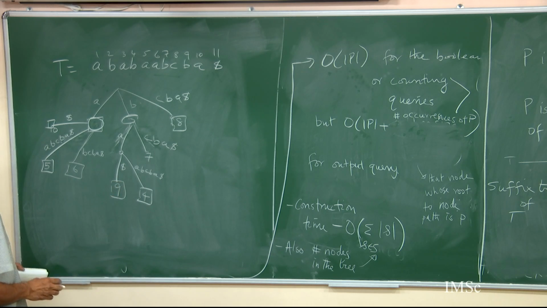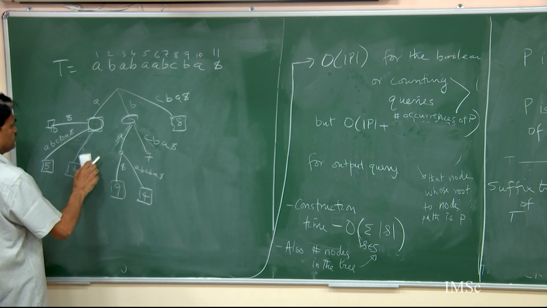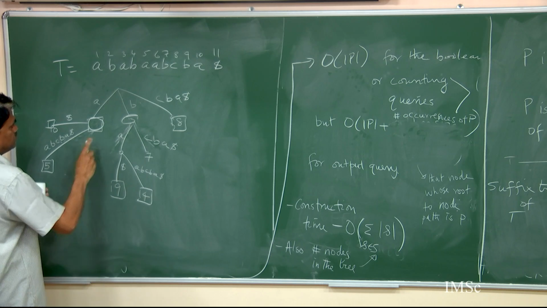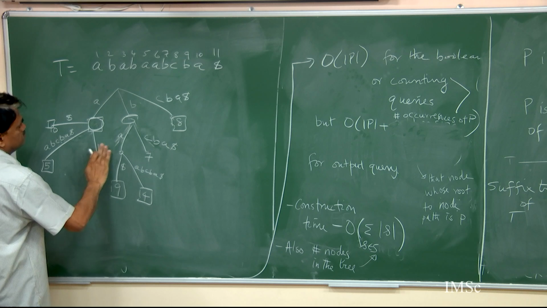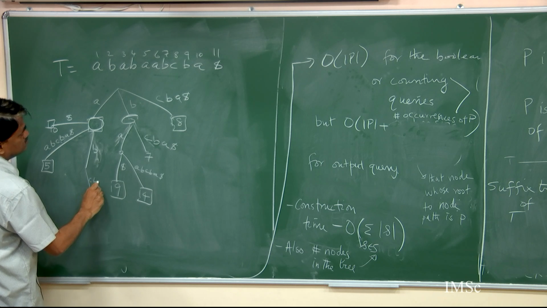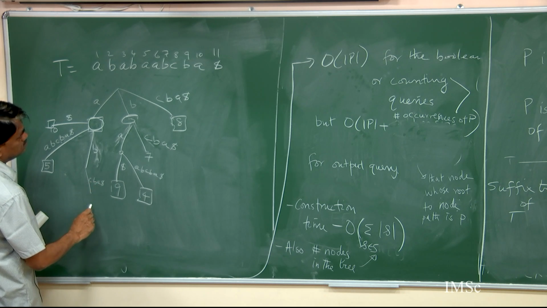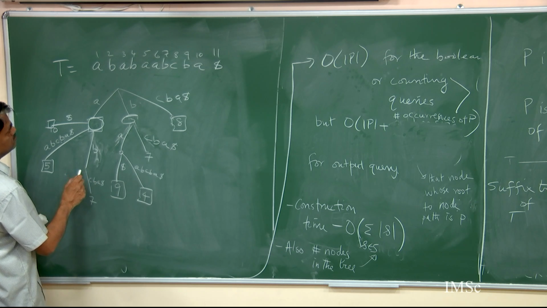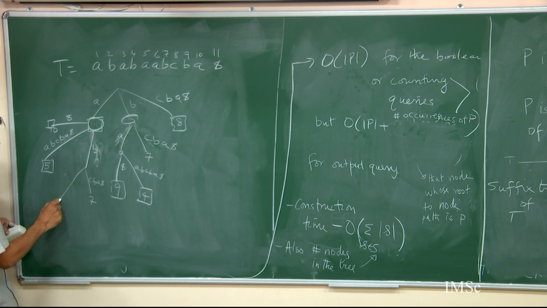And ABA would be... no, this is 2, and so on.